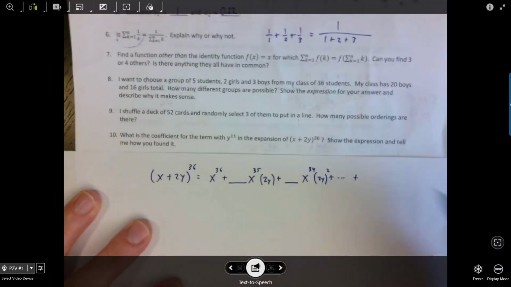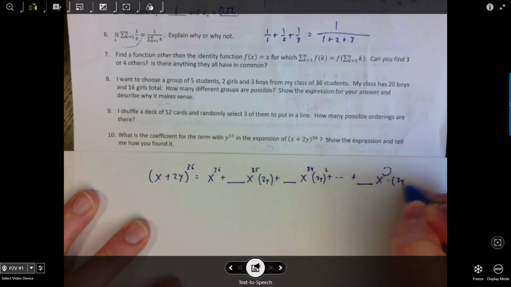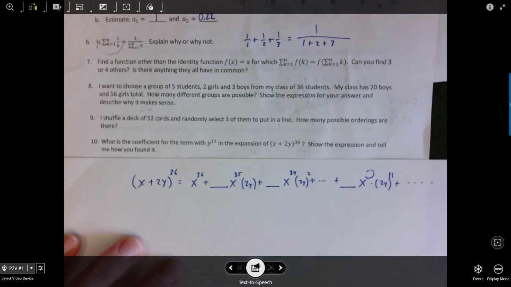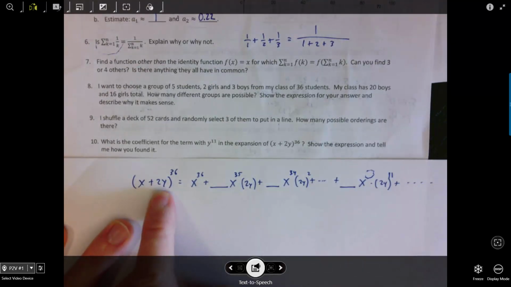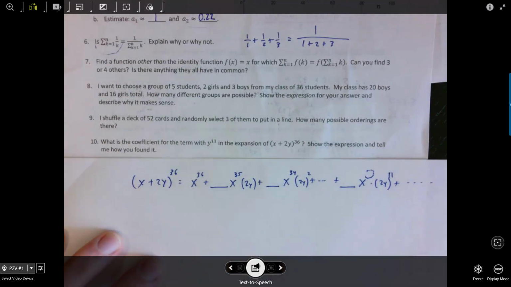And then somewhere in the middle here, I'll have some number of x to some power times 2y to the, what was it, 11th? Okay, and then the rest of the way. So I want to know if I'm raising 2y to the 11th power, which is what's going to give me y to the 11th, what are the other things in this term?